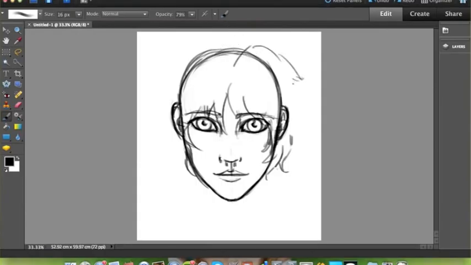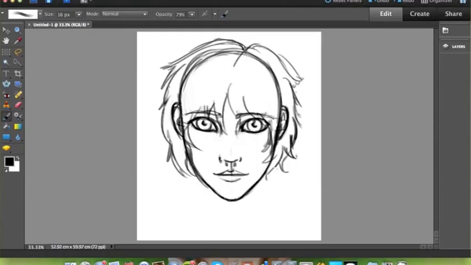So just add in some hair. Remember, it has volume. Of course mine has extra volume than most, but it does not just stick to the skull. You do not have hair that comes down like that. It will always have some bounce to it, so just remember that. And oddly enough, it's coming out looking a lot like my character Kaya, because I draw her all the time.